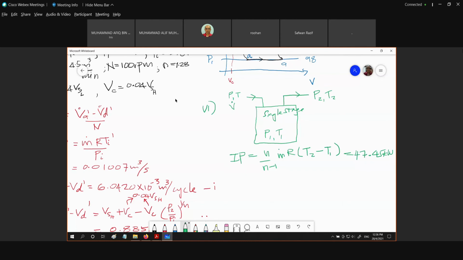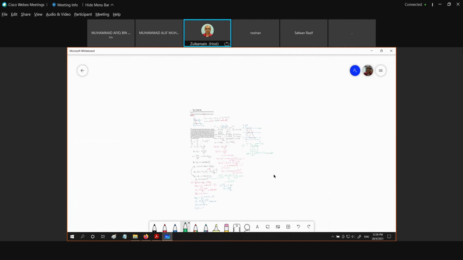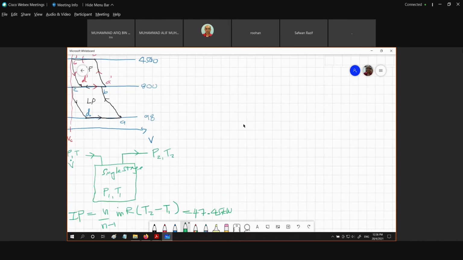And the last part is asking for a comment. Compare the indicated power you obtained in parts 3 and 4. As a mechanical engineer, which compressor system will you install? Of course, the multi-stage. Why?